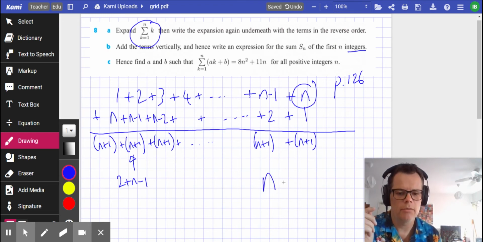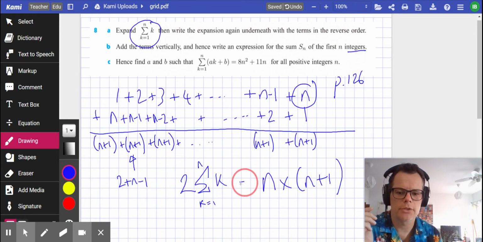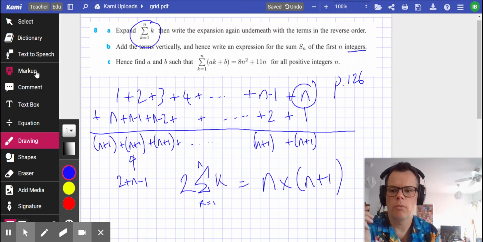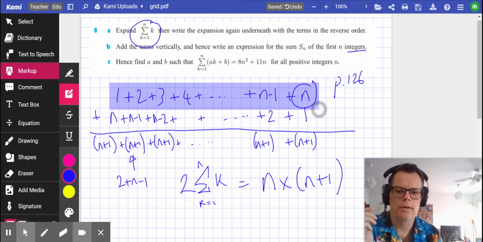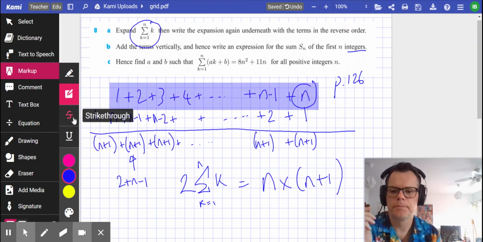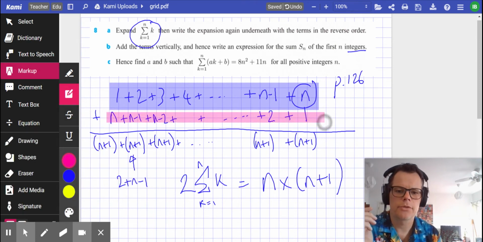So we've got n lots of n plus 1 as that entire sum. That entire sum happens to be 2 lots of the sum of the first n integers. Why is it 2 lots? Because you've got one lot of it there and a second lot of it there. So you've added it up once, twice.